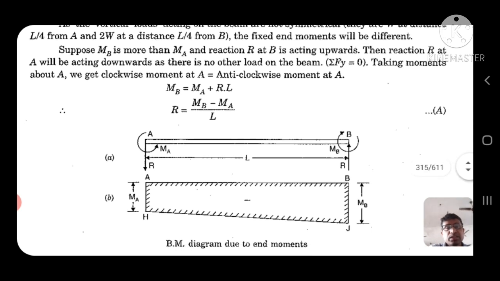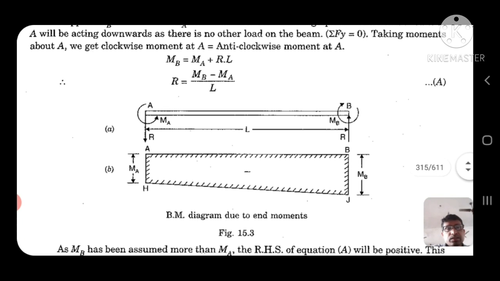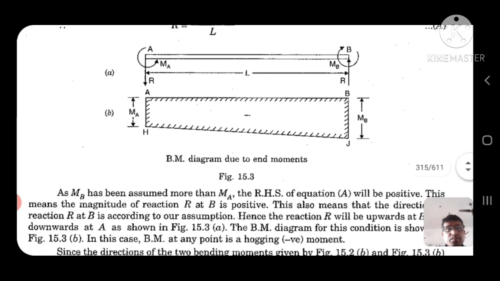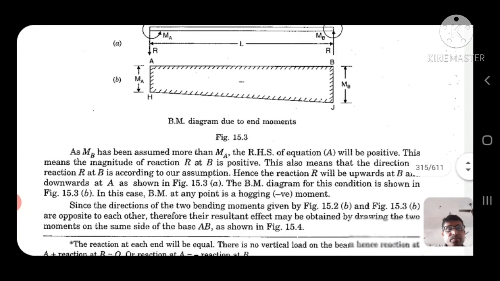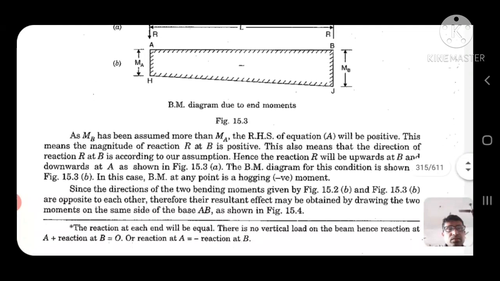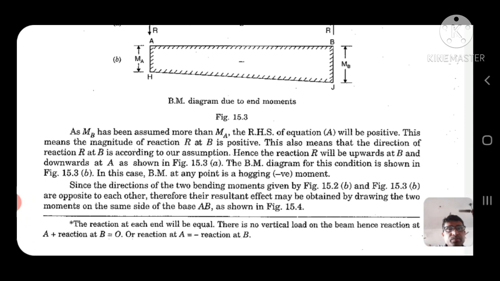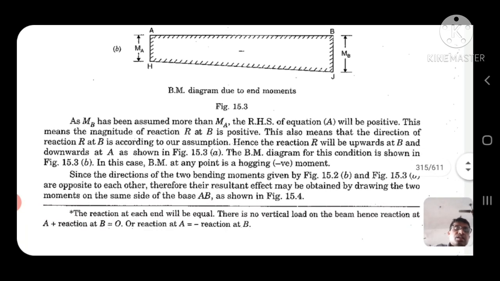There is a bending moment at A and B. As MB has been assumed more than MA, the right-hand side of the equation will be positive. This means the magnitude of reaction R at B is positive.